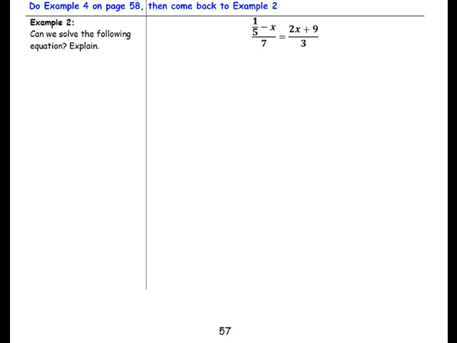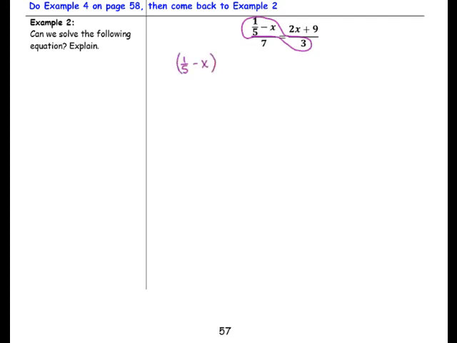Example 2. Can we solve the following equation? Explain. We have a proportion, and we'll want to write the cross product. So we have 1/5 minus x times 3. 1/5 minus x.